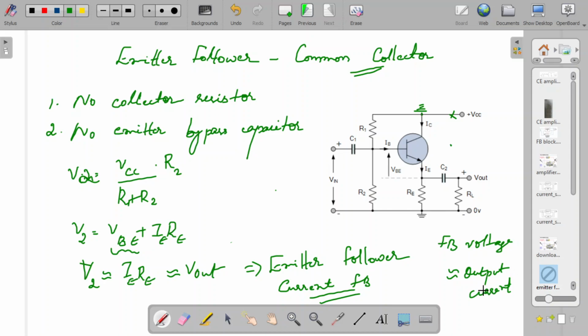Okay, so this is the basic thing, and we have already discussed the functioning, because the input signal comes here and then you get the output voltage from here, and the output voltage almost follows the input voltage, which we call the emitter follower, and this is a current feedback amplifier, and this is a common collector configuration amplifier. So these are the main features of this emitter follower.